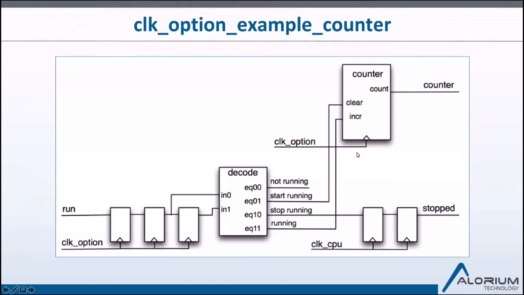When we see a falling edge on the run signal, we know we're going to stop running. We run that stop running signal through a couple of flip-flops to synchronize it back to the standard CPU clock domain and export that as our stop signal. We also export the counter value, which is a 32-bit count.